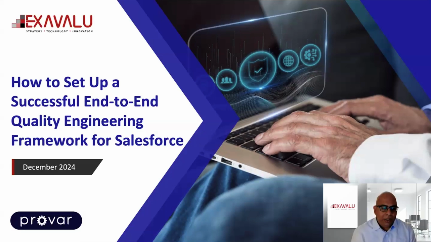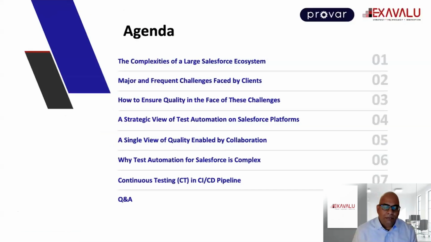We'll just take a look quickly at the structure of this webinar. We've got quite a few things to cover, somewhat ambitious table of contents here. So we'll start with setting the stage, the complexities of large Salesforce ecosystems. I'm sure many of you will find them familiar.